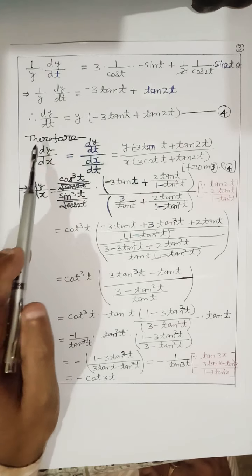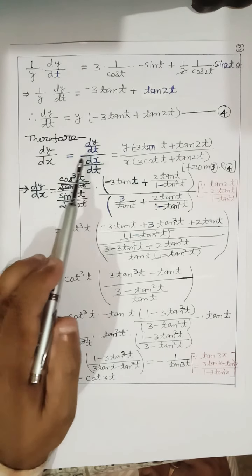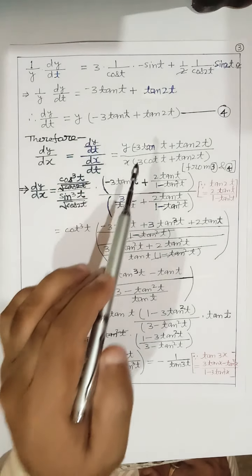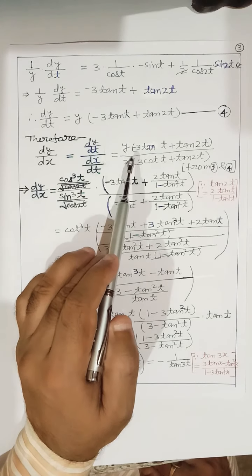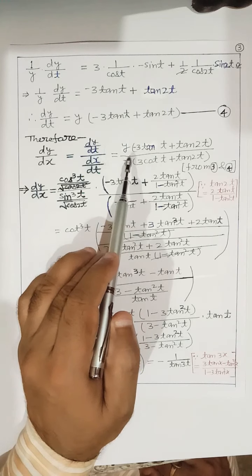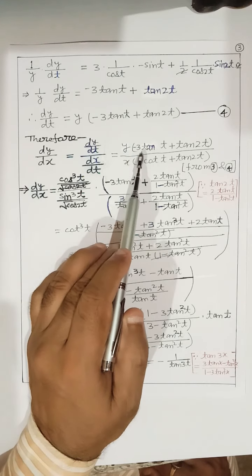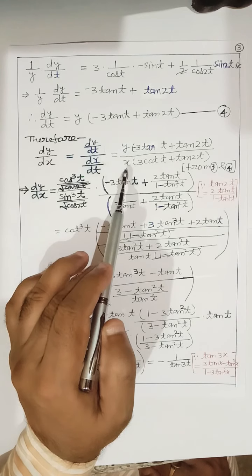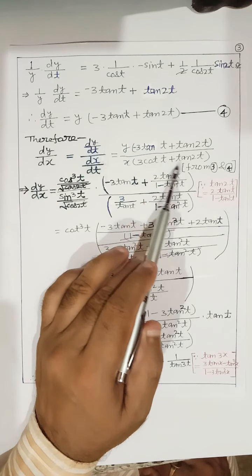Therefore, using chain rule, dy/dx equal to (dy/dt)/(dx/dt), and from (3) and (4), here we get y into (minus 3 tan t plus tan 2t) by x (3 cot t plus tan 2t).